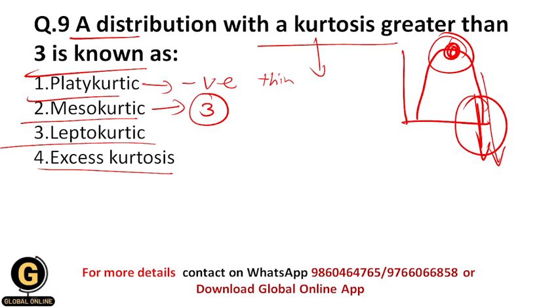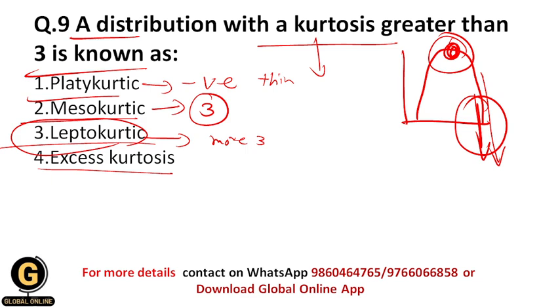And whenever there is a leptokurtic distribution, the value of kurtosis will be greater than 3, more than 3. A leptokurtic distribution is the kind of distribution in which the peak is pointer and the tails are fatter than a normal distribution, not thinner.